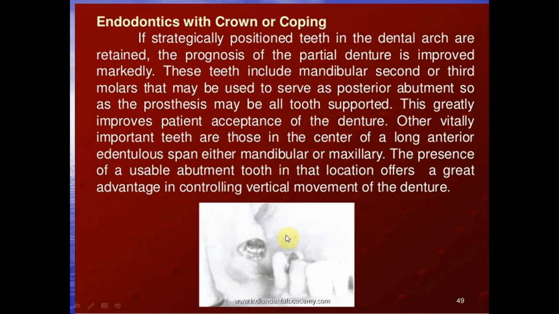Then the crown coping means, within endodontics, that sometimes in case of excessive preparation of the tooth for a crown, in case of displacement, we will also require a root canal treatment for such a tooth, which should be done before we start this preparation.